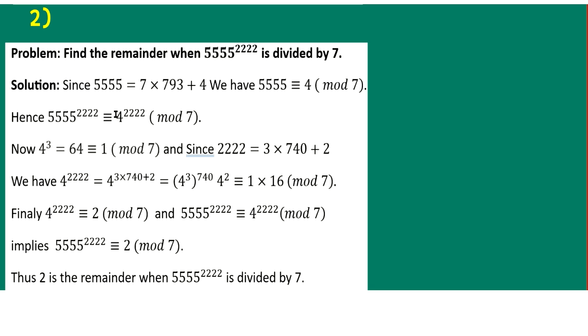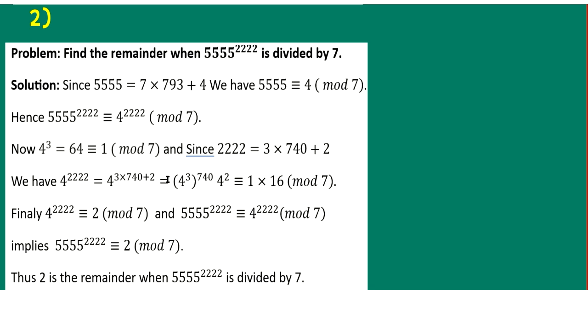Now to reduce this 4 raised to 2222, what will we do? We will use this power 3. So first, this 2222, when I divide by 3, the remainder is 2, and now 4 raised to 2222 I can write as 4 raised to 3 into 740 plus 2. That is, using laws of indices, it is 4 raised to 3 raised to 740, and you will get 4 square.